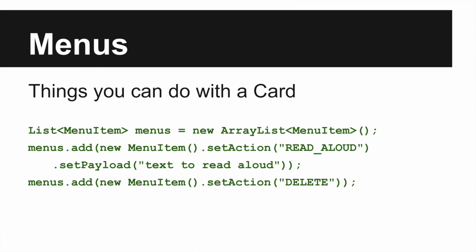And here's a little bit of code about the menus. If we get a card that this menu has been set on, you should be able to click it and you should see two menu items. One is read aloud and the other is delete.